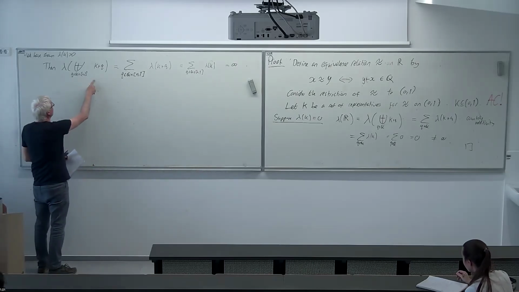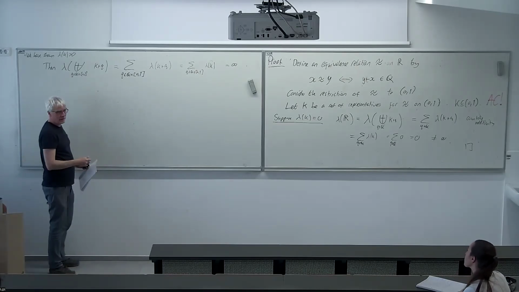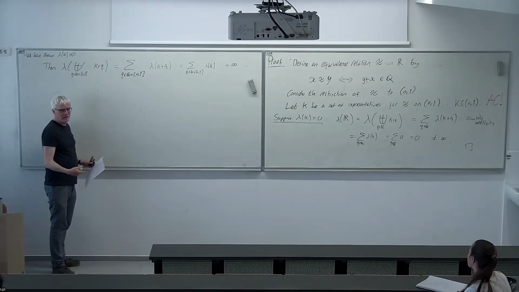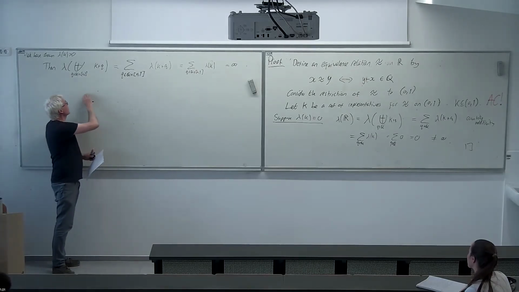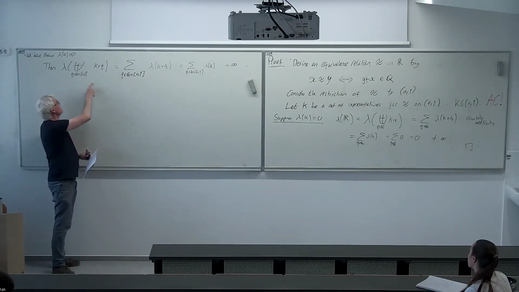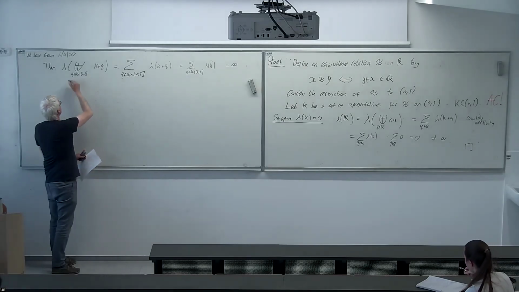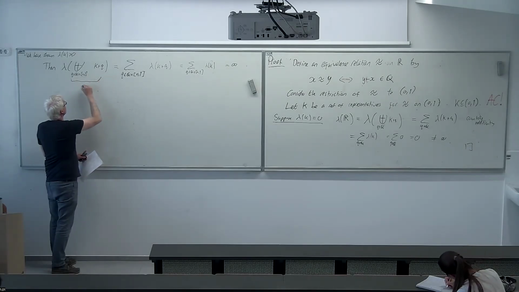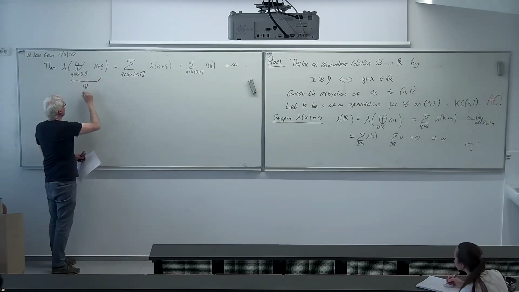But if we look at this, K is a subset of the open interval 0, 1. And we're translating it by a rational number that is at most 1. So this set is a subset of 0, 2.